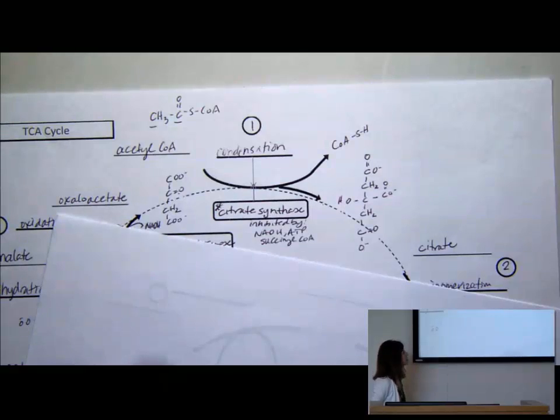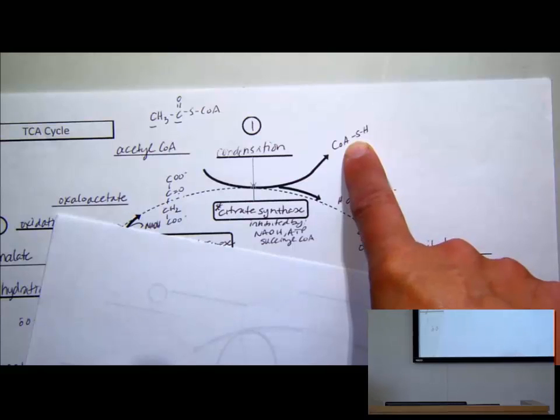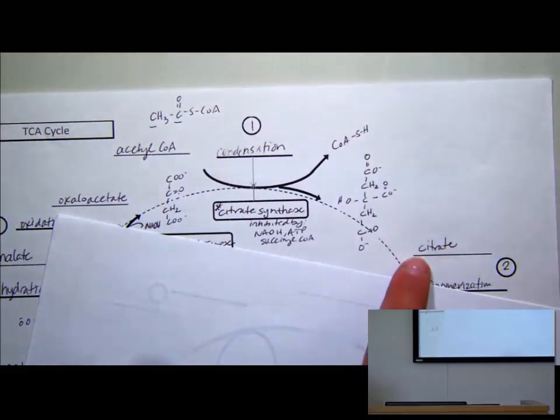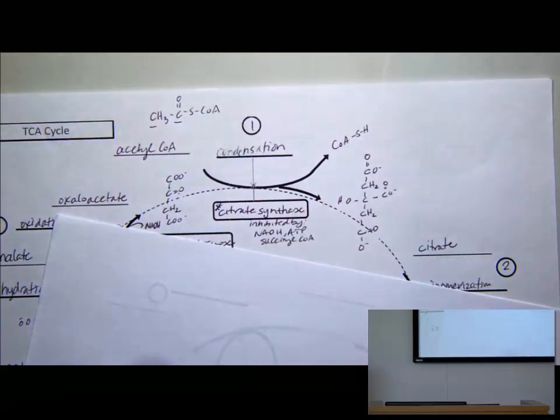Succinyl, S-U-C-C-I-N-Y-L, succinyl-CoA. We're going to cover that later. That's downstream within the cycle, an intermediate. So if you have a lot of it, we're not going to want this reaction to occur.